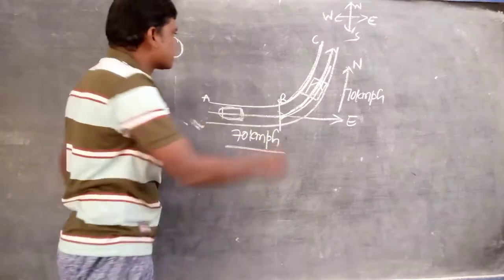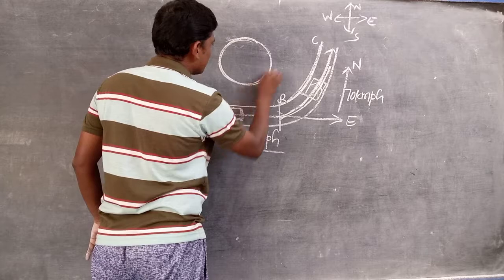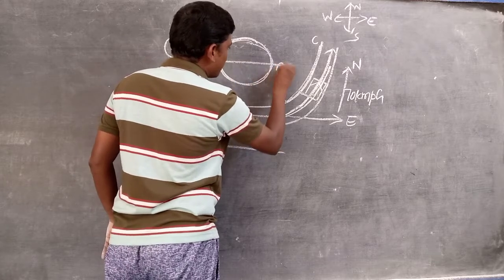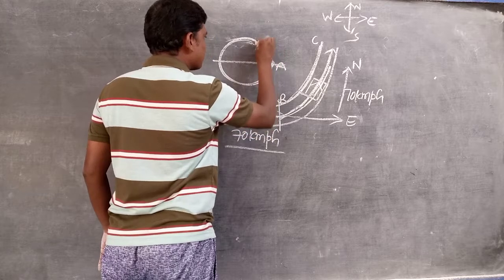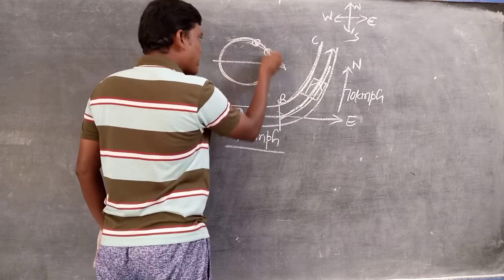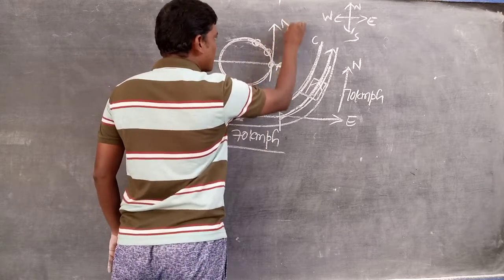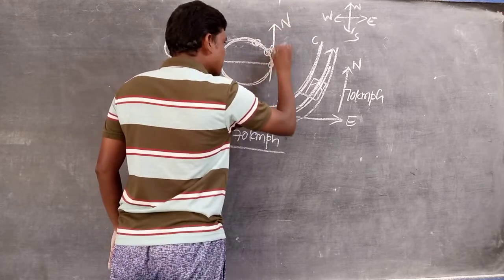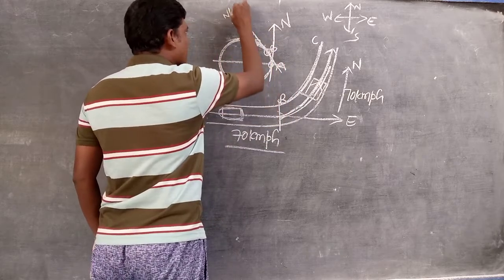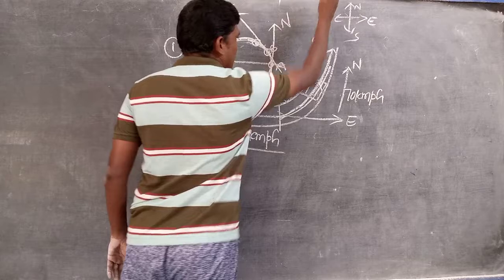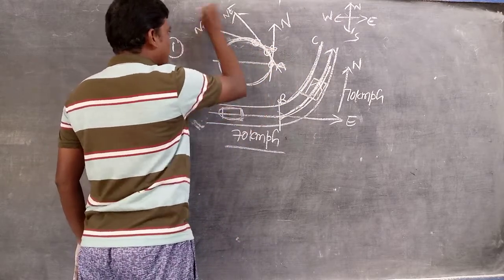For example, simply consider a curved path. In a curved path you are observing that at point A, the direction is towards the north. At point B, the direction is northwest, but the angle changes.